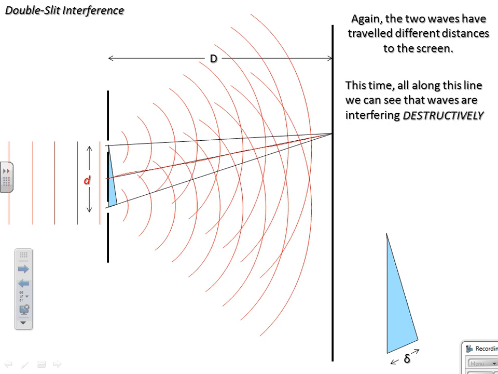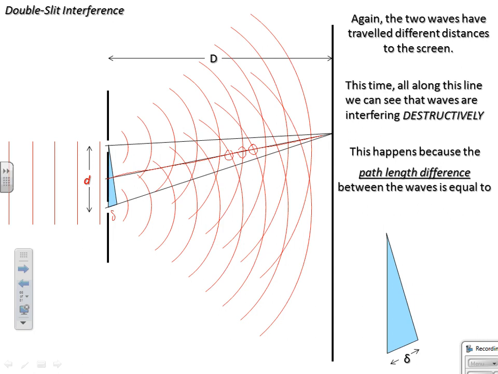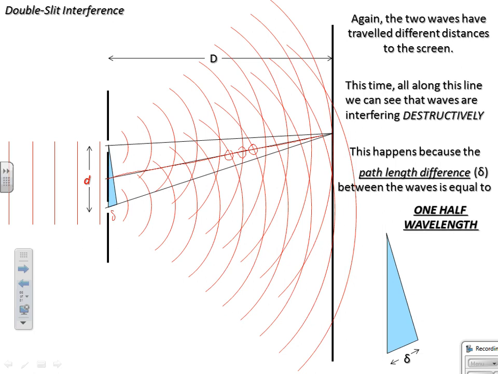So we get right here a peak and a trough, right here a trough and a peak, right here a peak and a trough. Anywhere on there are peaks and troughs interfering. That's destructive interference. And that happens because the path length difference, here's our little tiny delta right here, is equal to, well, look, there's our 9, 10 for source 1. Here's our 9, 10, well, there would be 11. So the difference in path lengths is half a wavelength.